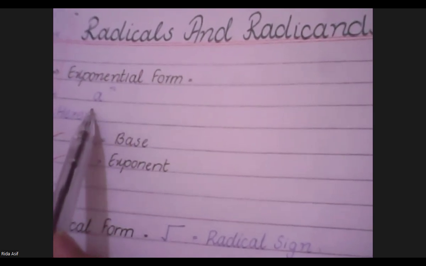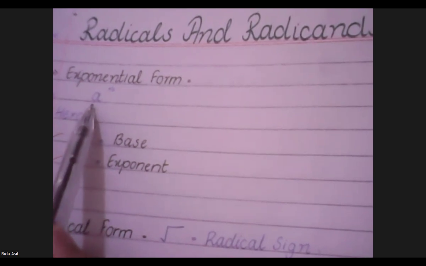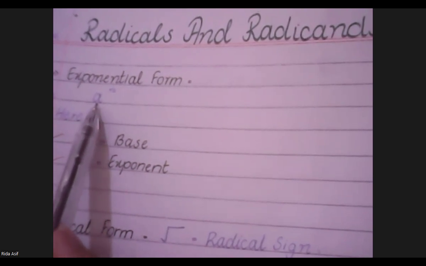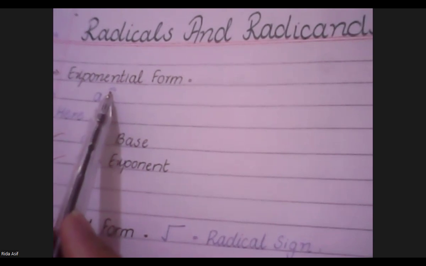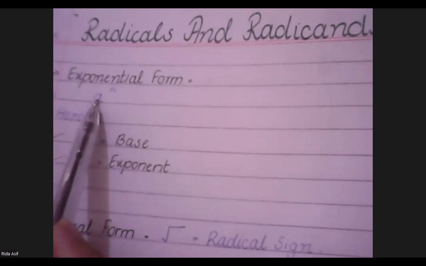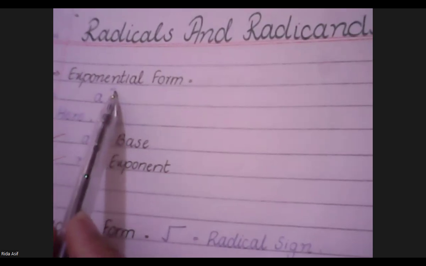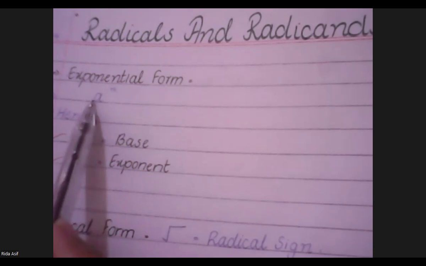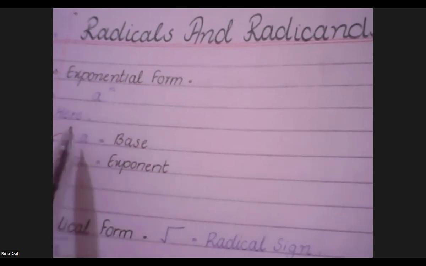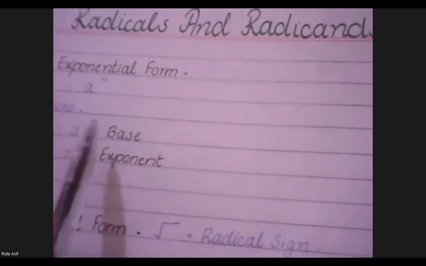Here a, or any variable, is called the base, and power n is called the exponent, or we can also say power. Okay? So a is the base and n is the exponent. This is called the exponential form, right?